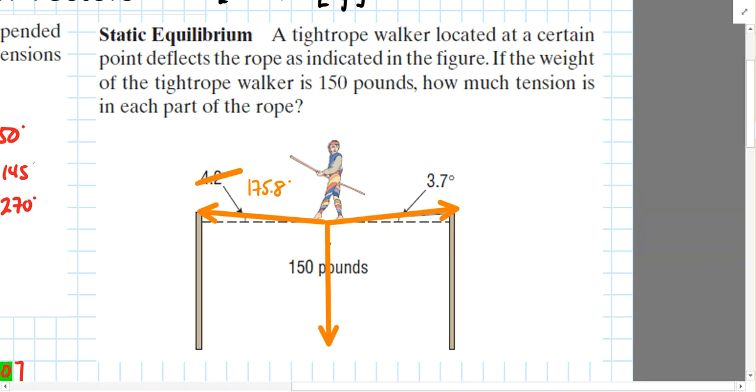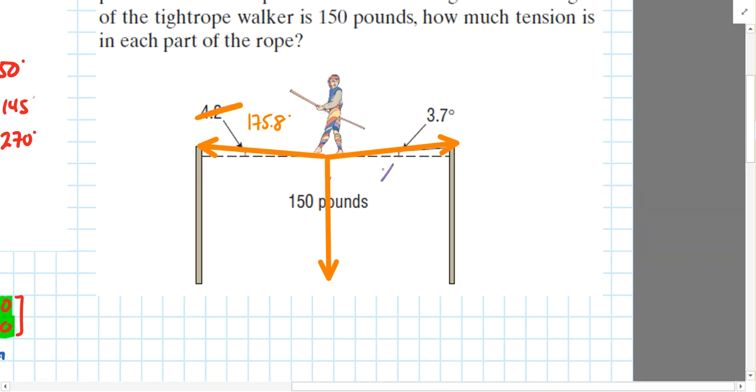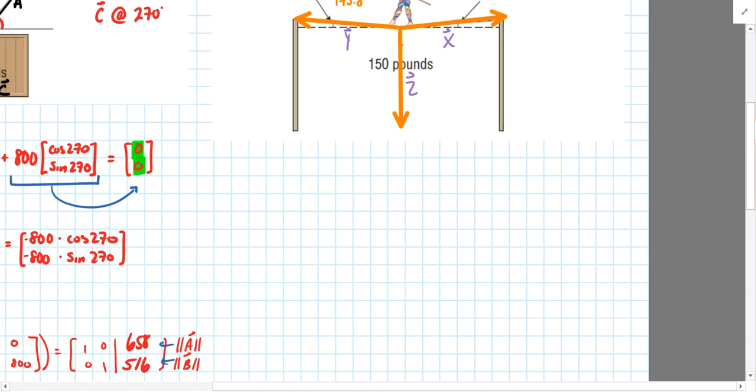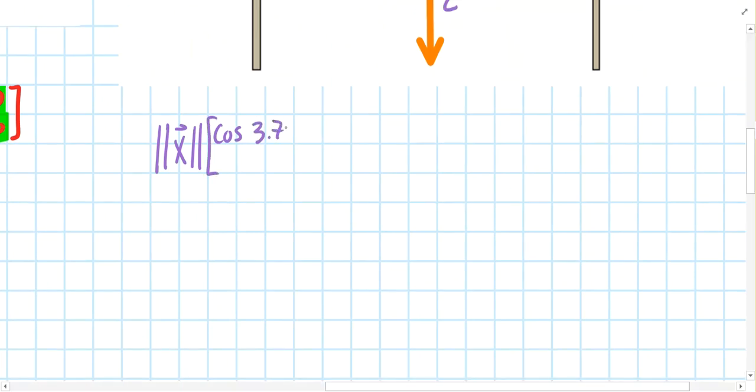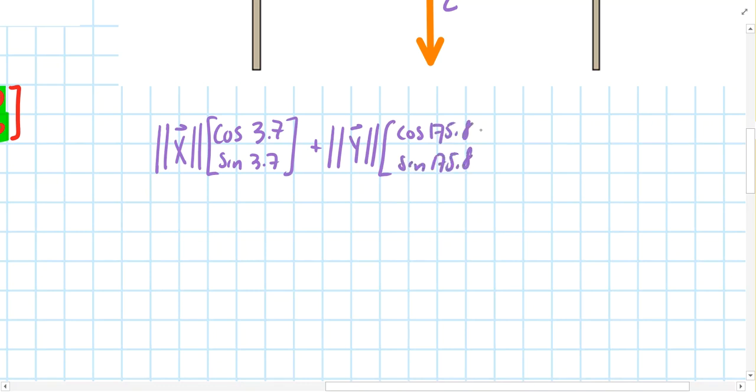And so that we don't confuse this with the work that's on the other part of the page, I'm going to call this vector X, this one Y, and this vector Z. So as far as our setup goes, the magnitude of X multiplied by cosine of 3.7 degrees and sine of 3.7 degrees must be added with the vector magnitude of Y times cosine of 175.8 and sine of 175.8.